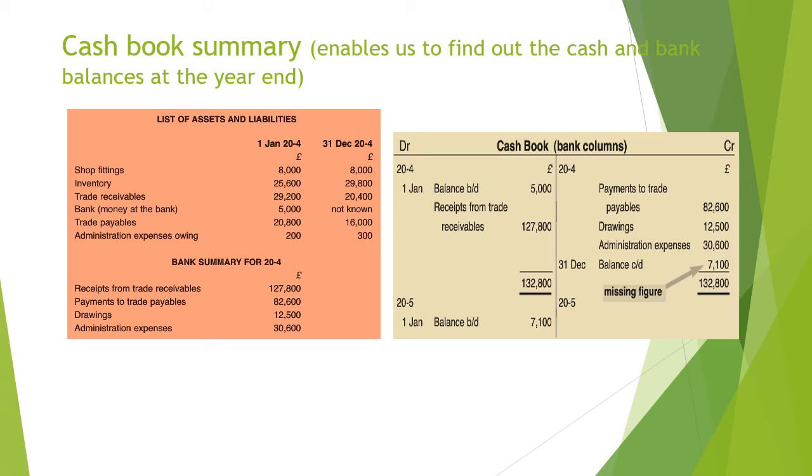So we have two amounts on the debit side: balance brought down £5,000 and receipts from receivables £127,800. On the credit side, we have payments to trade payables £82,600, drawings £12,500, then administration expenses £30,600. If you balance these two sides, the balance carried down is £71,000, which was the missing figure.